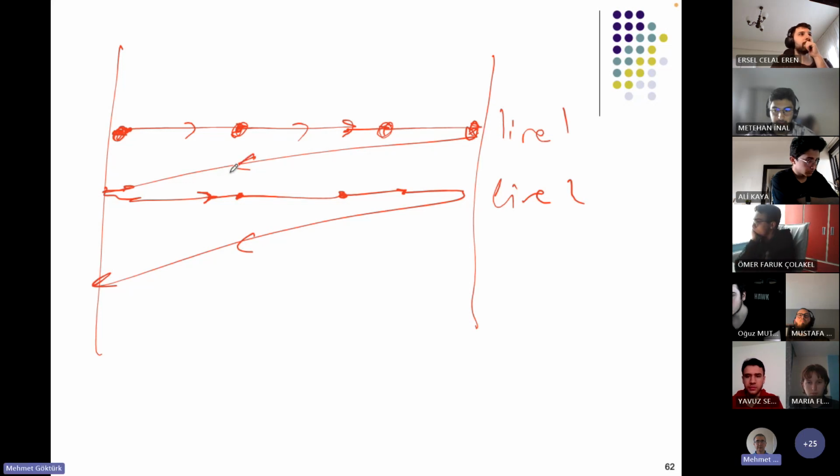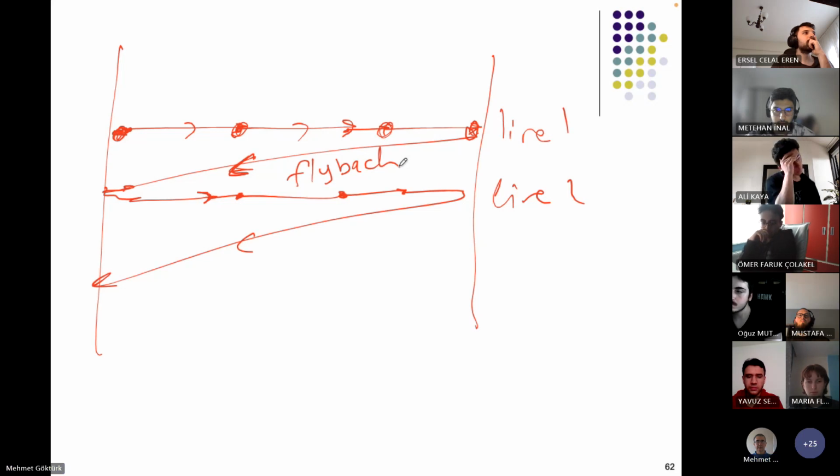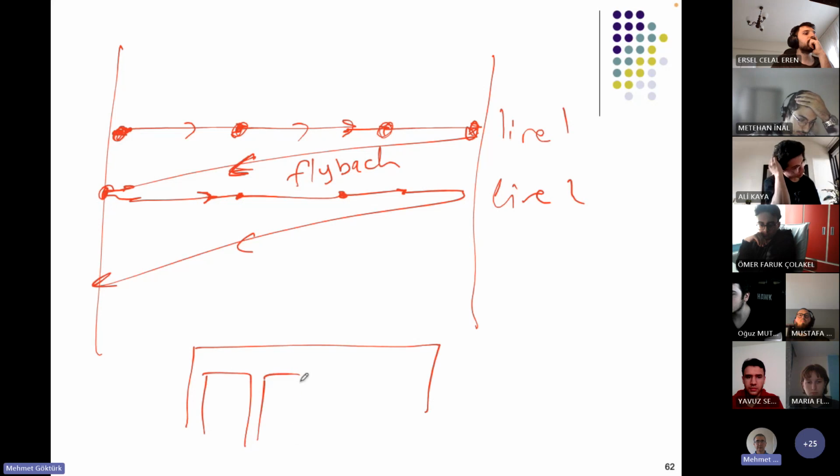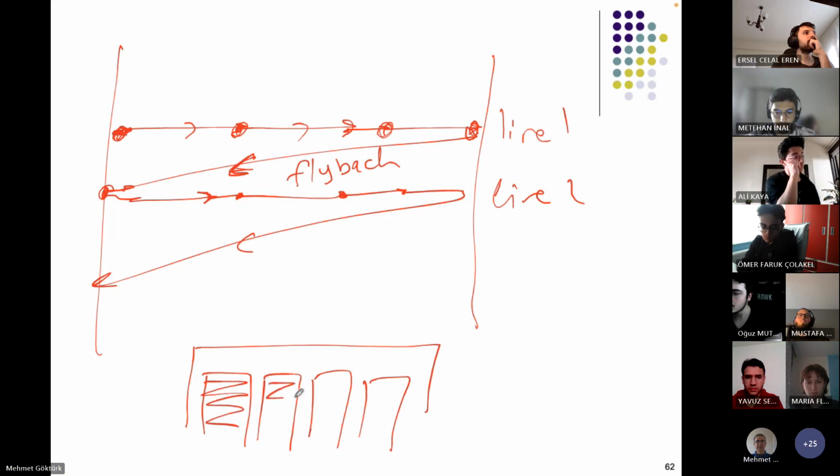Also, when these flybacks happen at once to the correct position, then reading becomes easier. That's why we have newspapers with multiple columns rather than a single column, because you read it like this, it's much faster.